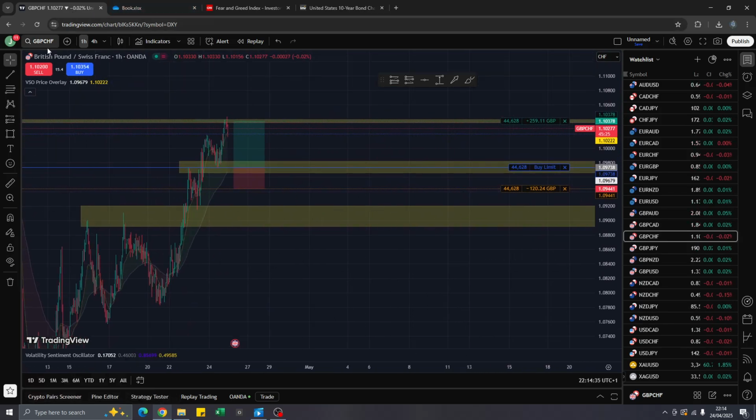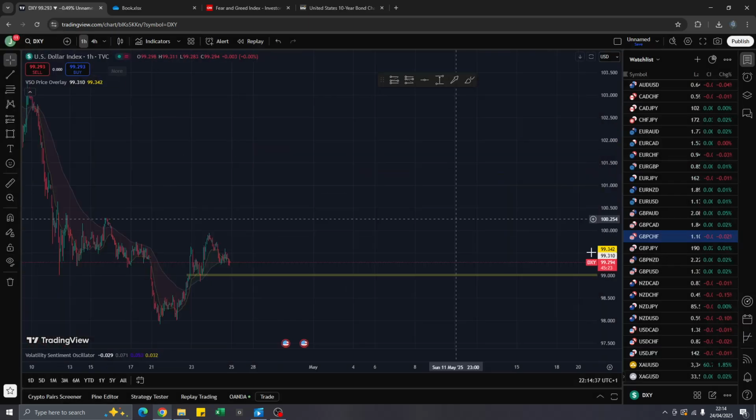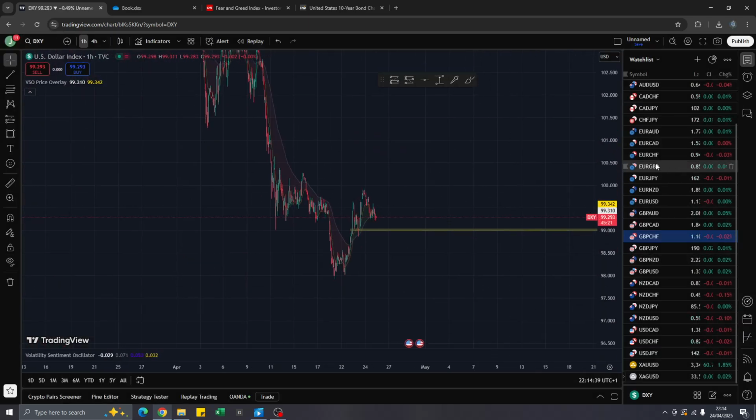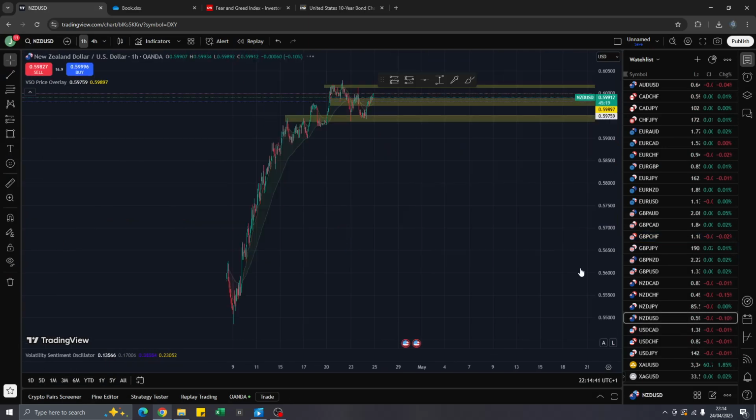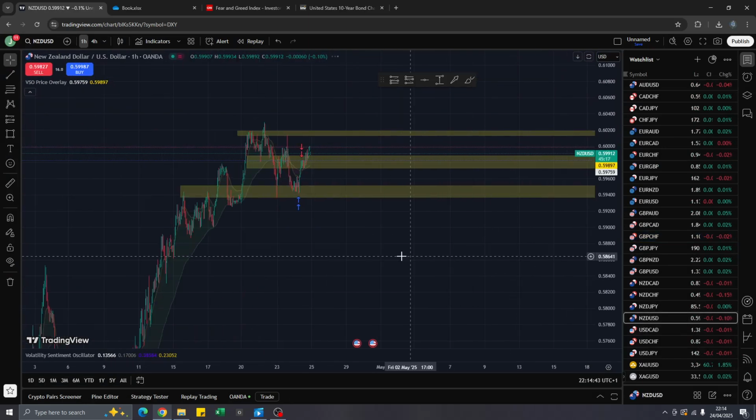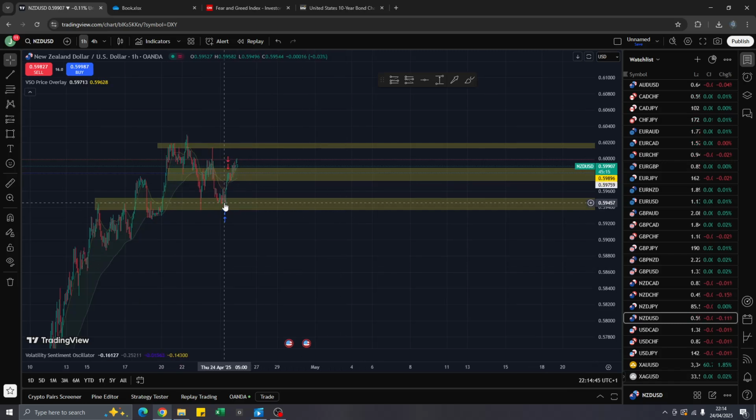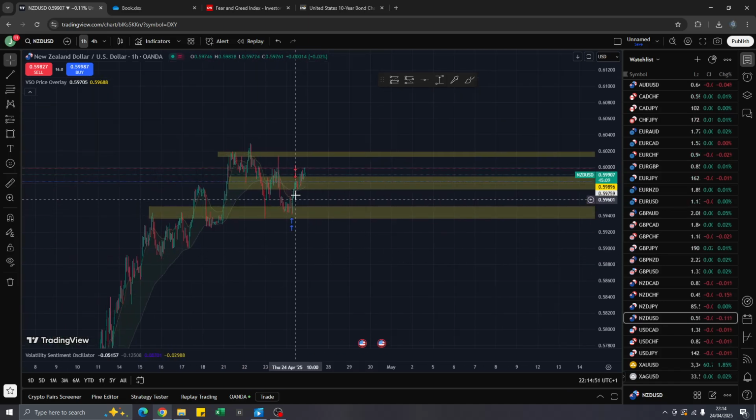I'd like to short the dollar like yesterday. Yesterday, I made a nice trade on the NZD USD. I bought here, sold here. I wanted to go there, but there's no point. I actually put 2 positions.